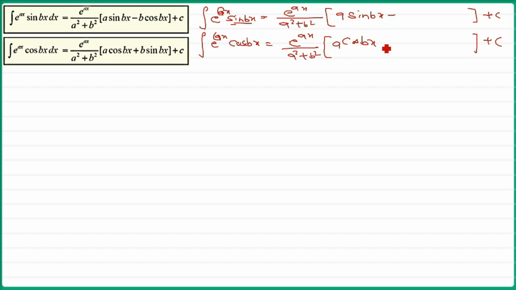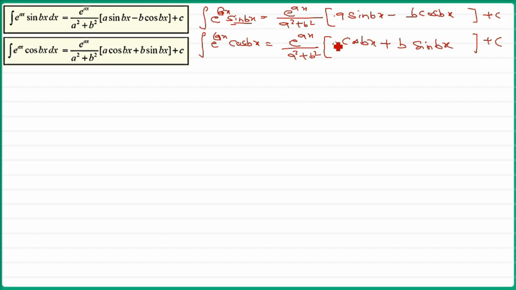In cos, it will be a positive sign. Now you just change sin to cos, that is sin bx is there, so make it cos bx. And in the second equation, cos bx will be sin bx. But it will be followed by b in front, and b along with x. So b cos bx, b sin bx.